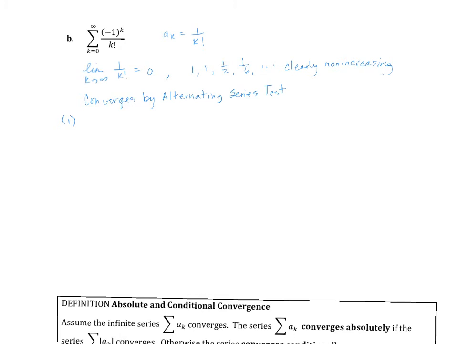Since we're starting at k is equal to 0, just note in general that any series that starts at k is equal to 0 of some a sub k, the first term is a sub 0, second term is a sub 1, third term is a sub 2, and so on.